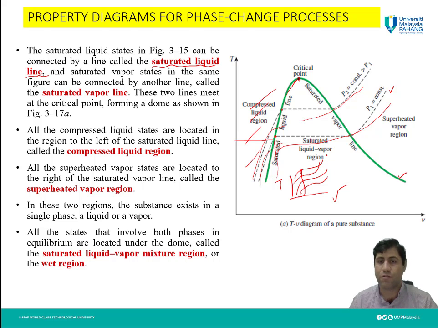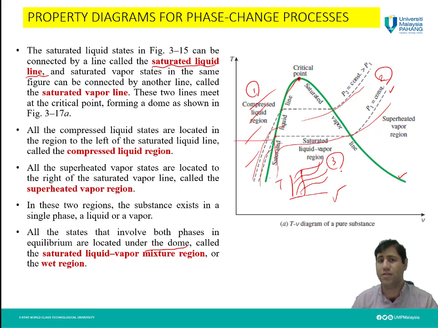And we have also another region which is under the dome of this graph, which we call the saturated liquid-vapor region. So we have one region here, a second here, and a third region here.